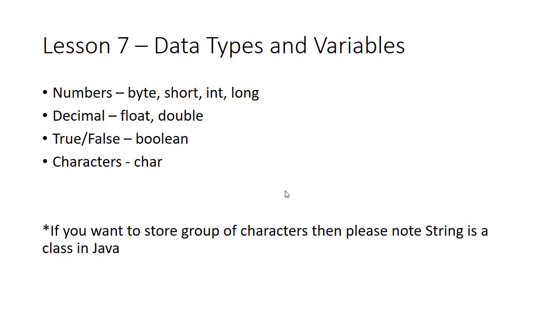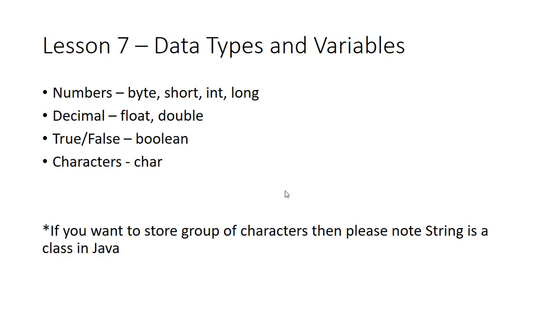Now if you want to store a number, you always use byte, short, int, or long. Why do we have 4 keywords just for a number data type? It depends on the memory location. If you want to store a value like 100, you will use byte.